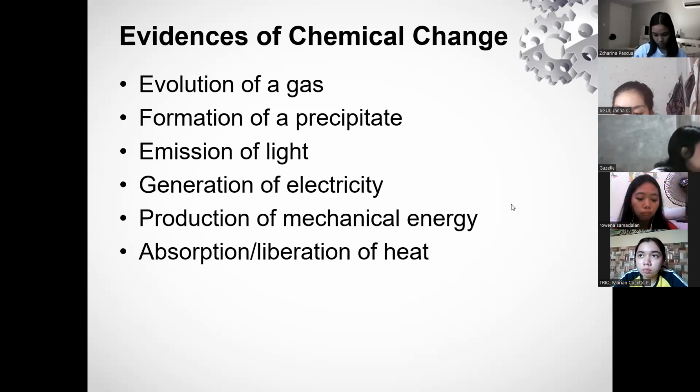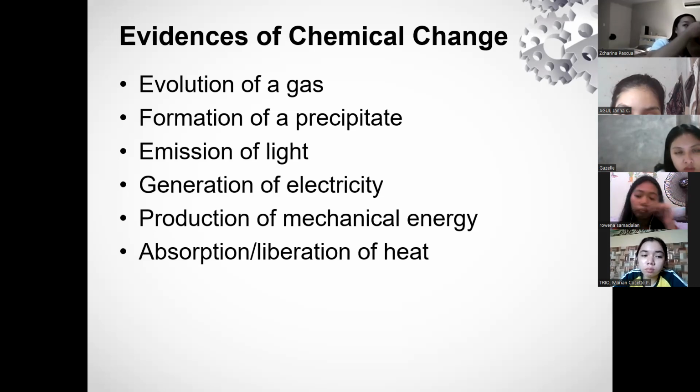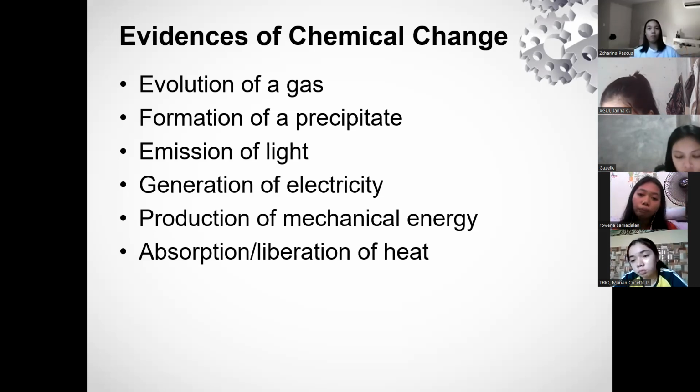So when you have your hair rebonded, is that a physical or a chemical change? Again, when you have your hair rebonded, physical or chemical change? What do you think? Physical, ma'am. Number 1, when you rebond your hair, it's still hair. It did not become a different thing, right?